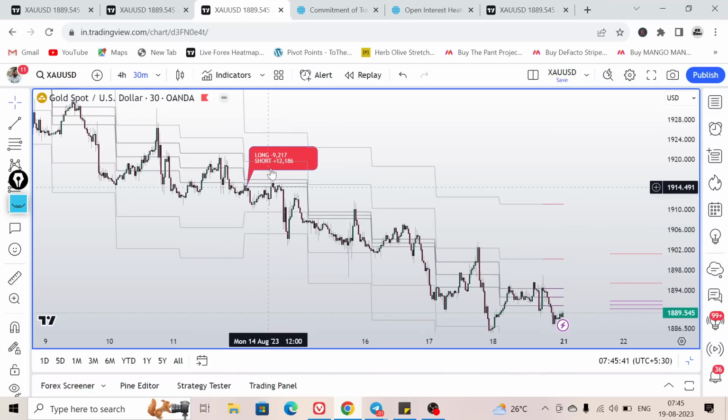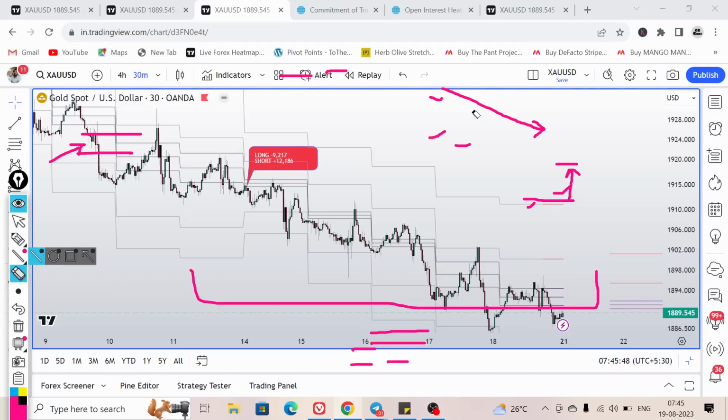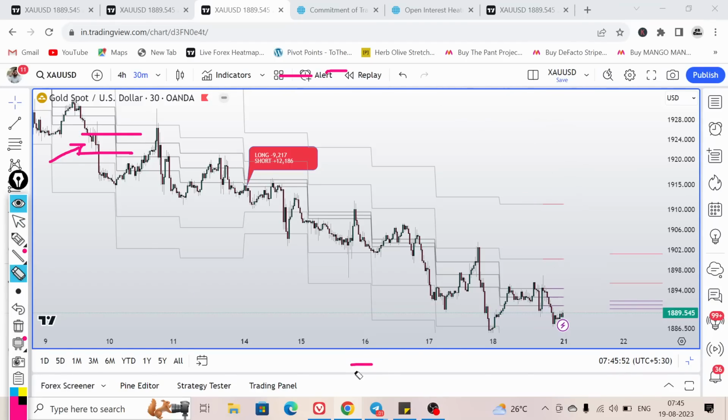I already mentioned it on the chart at the Monday opening, and as you can see, we clearly had a good move in the previous week, a steep decline. From here the price was around 1912 to 195, and we saw a very good decline.